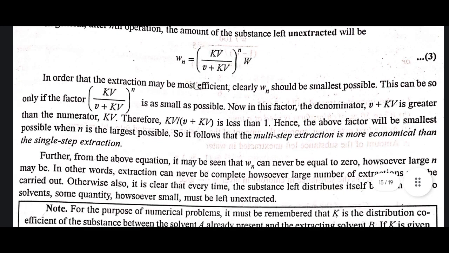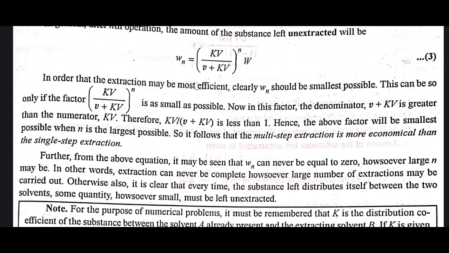In order that the extraction may be so efficient, clearly Wn should be the smallest possible. This can be so only if the factor (KV upon V plus Kv) raised to the power n is as small as possible.